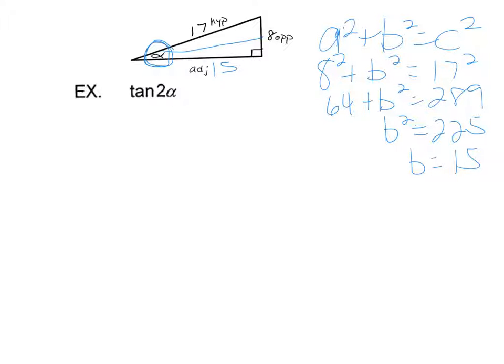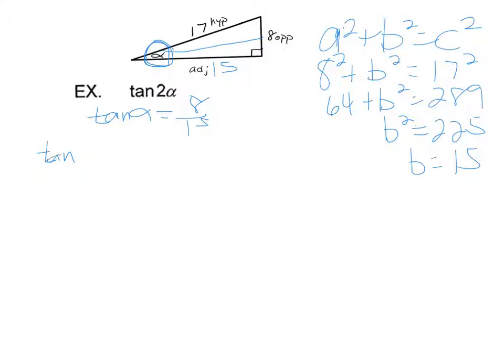The formula for the tangent of 2 theta, we need to know the value for tangent. So the tangent of just regular alpha is opposite over adjacent, 8 over 15. Now we can fill in the formula.